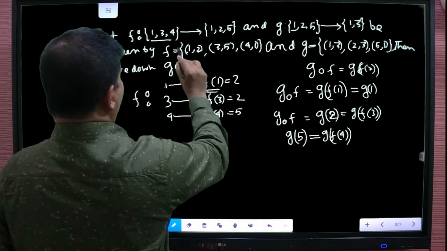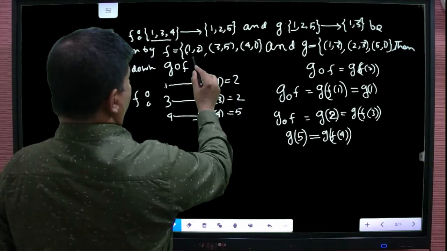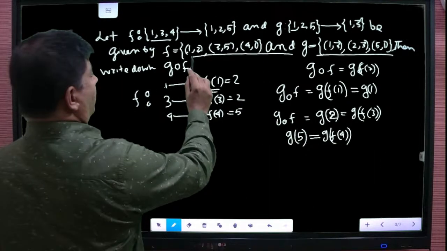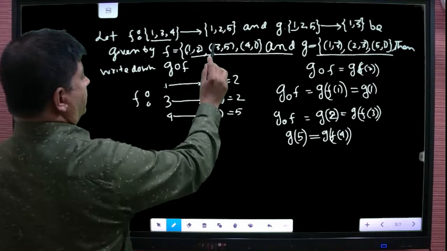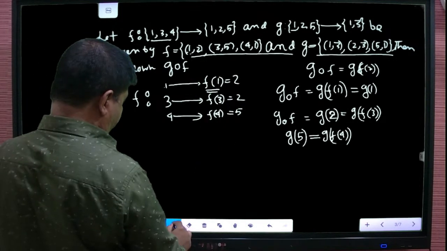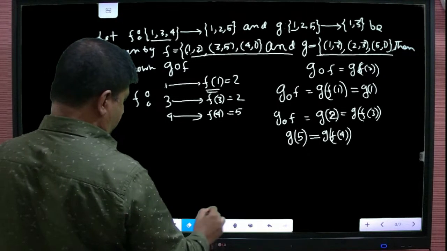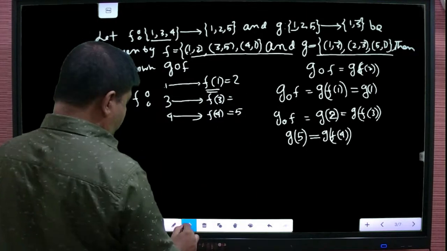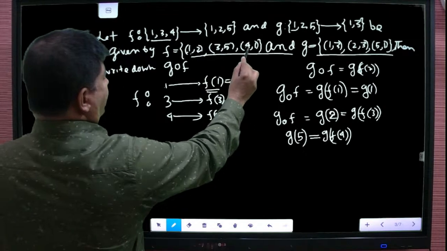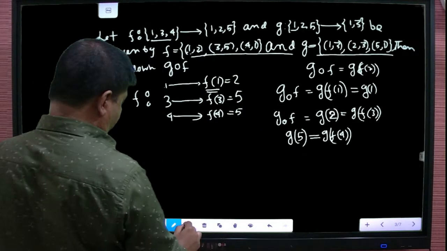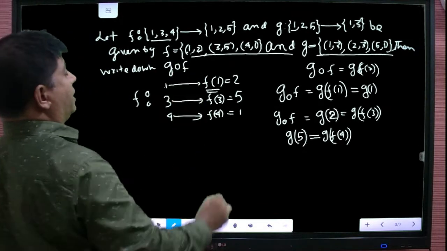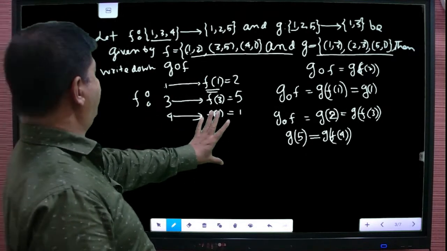F maps X to Y. See, you have to observe this part. 1 goes to 2. 3 goes to 5. And 4, if X is 4, then F4 is 1. So this is the actual explanation. So this is the role of F.